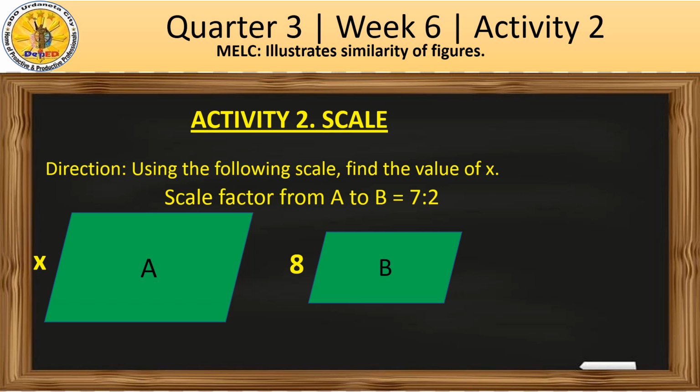For activity 2, scale, you are going to find the value of x given a scale factor. Scale factor is simply the ratio between the corresponding sides. So like here, if you get the ratio of the corresponding sides from figure A to figure B, the scale factor would be 7:2. Now, to find the value of x, just like with the previous problem, what we need to do is set up a proportion.